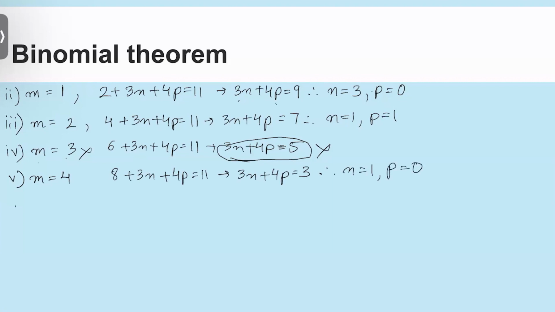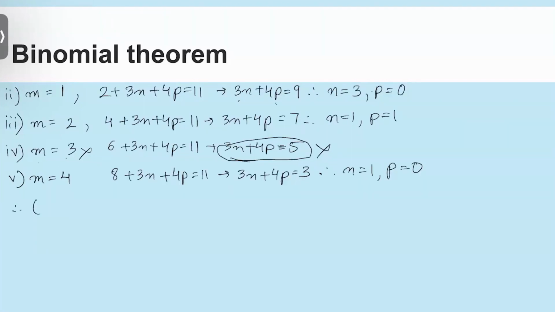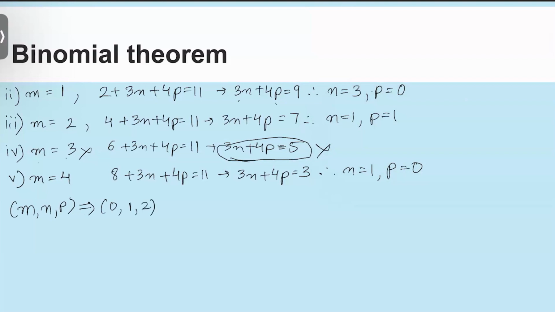So therefore, the combinations that we have are, the first combination that we had was 0, 1, 2. This would be your m, n, and p. So they will be 0, 1, 2.